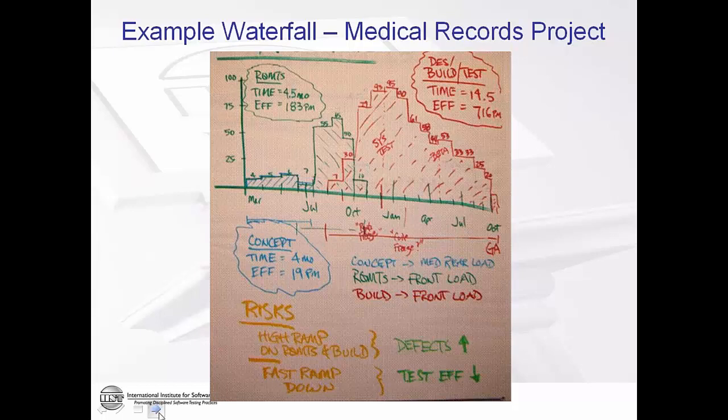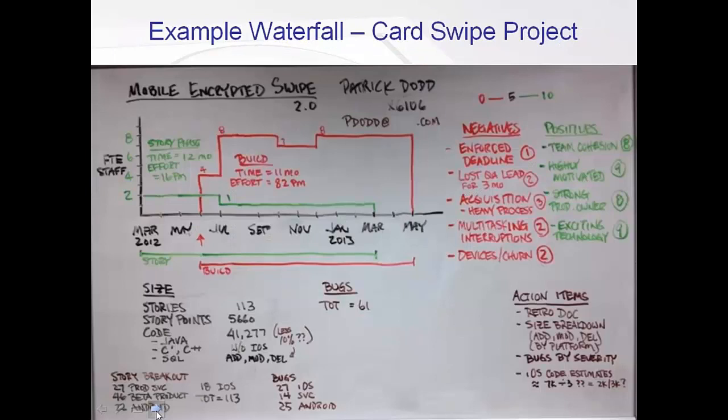So if you have any inkling as a QA professional that you're seeing anything like this, heads up, hold that thought, because you may have a little bit of an early warning of what could happen when the code drops get to you.